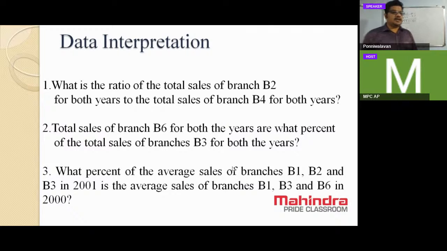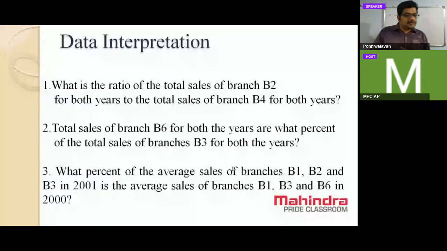That is easy. Total sales of branch B6 for both the years are what percentage of total sales of branch B3 for both the years?